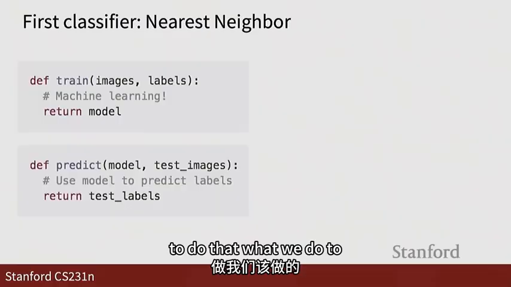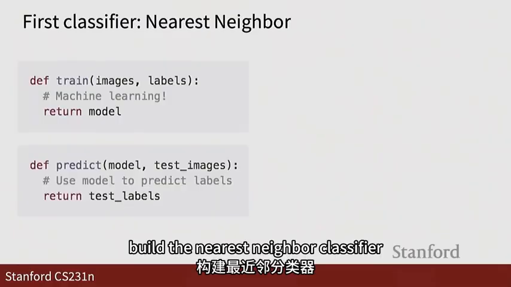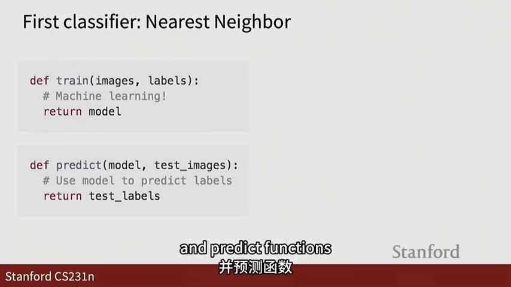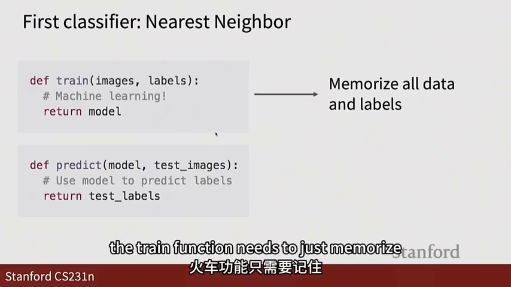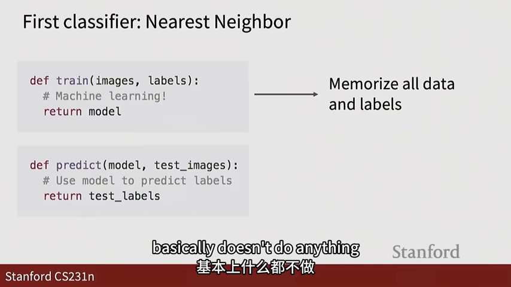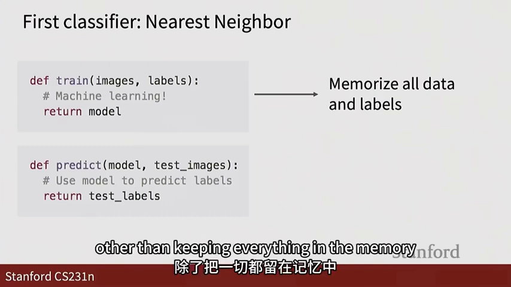Okay, to build the nearest neighbor classifier, we need to build the train and predict functions. The train function needs to just memorize all of the data and labels. So the training function basically doesn't do anything other than keeping everything in the memory.